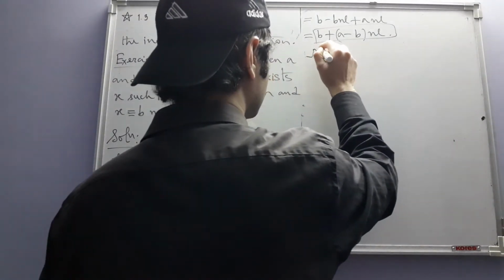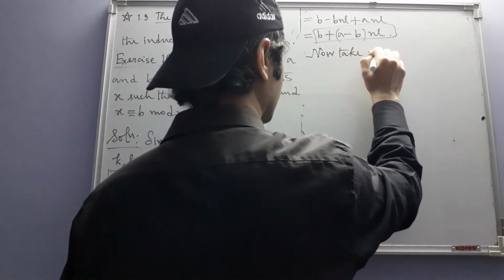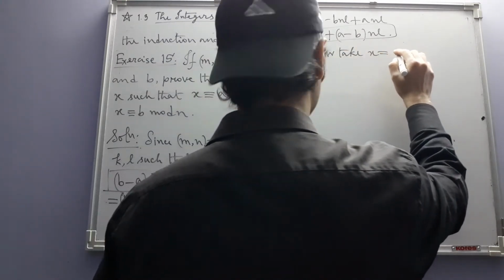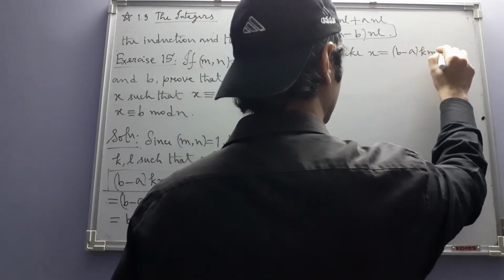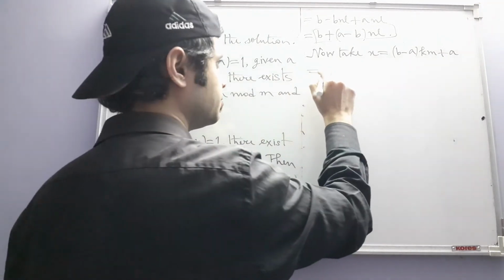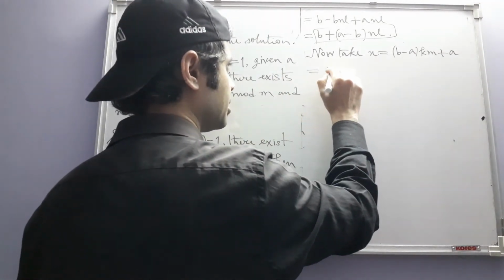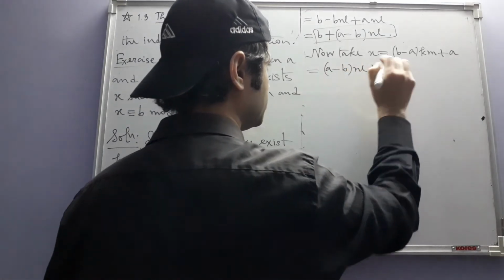Now take x equal to this one, (b minus a) km plus a, which is also equal to (a minus b) nl plus b.